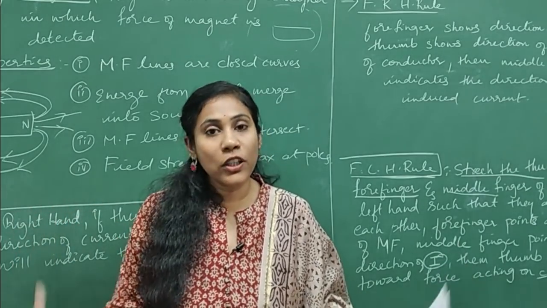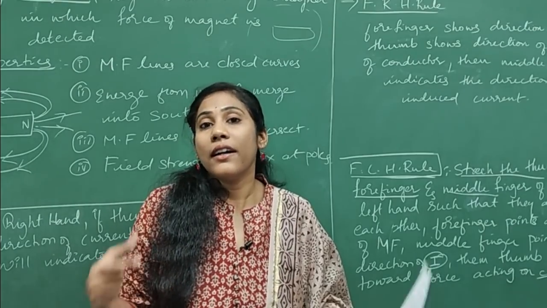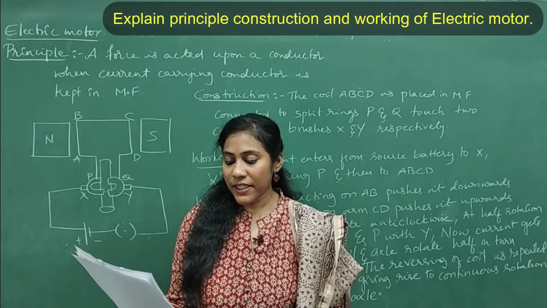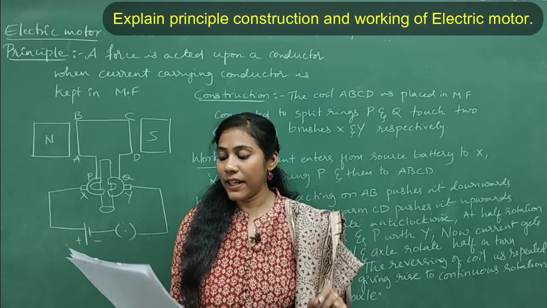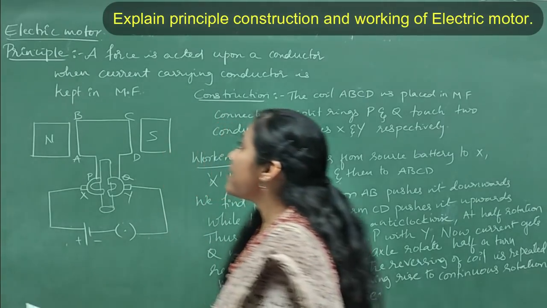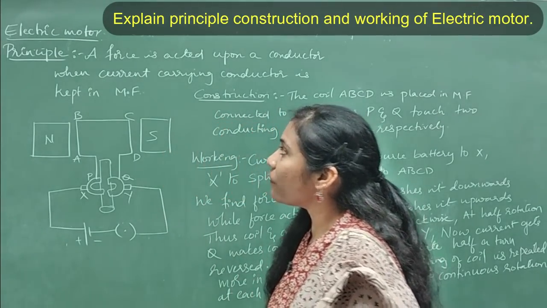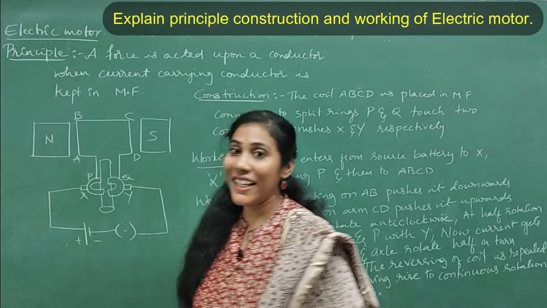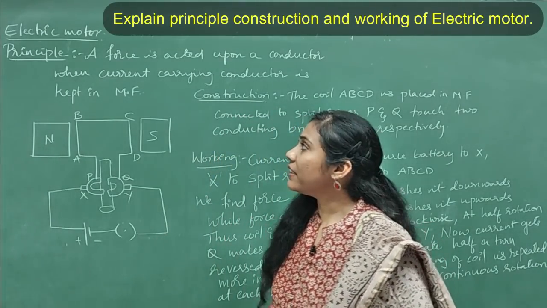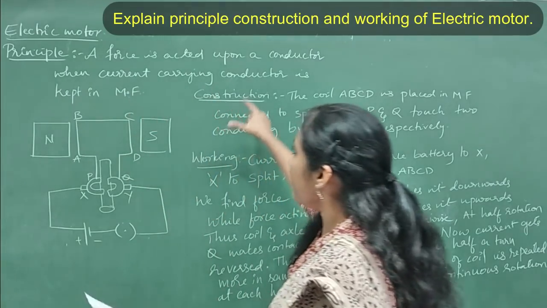I will show it on a board so that you can learn easily and copy in your books. Very much compulsory question, that is explain principle, construction and working of electric motor. Right? Say electric motor is the one which converts electrical energy into mechanical energy, and its principle you can see here.